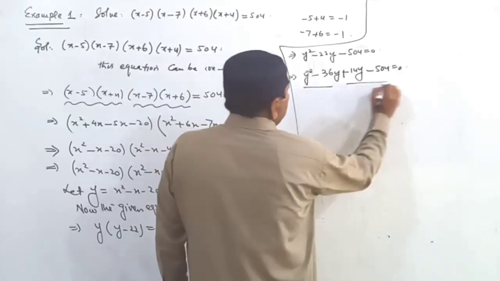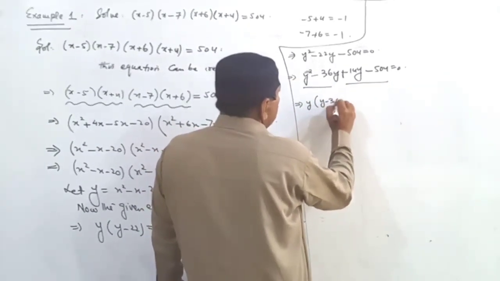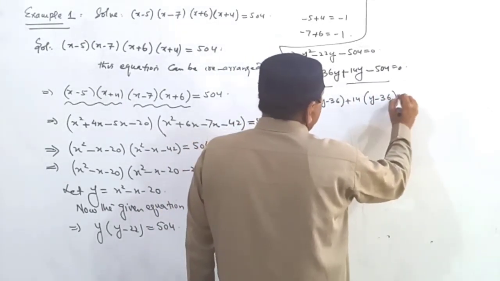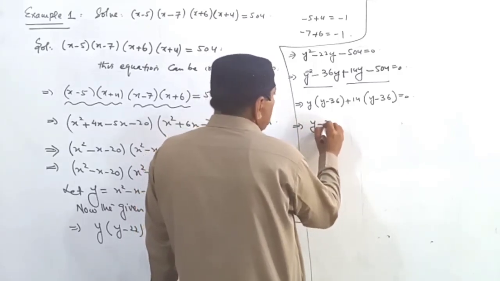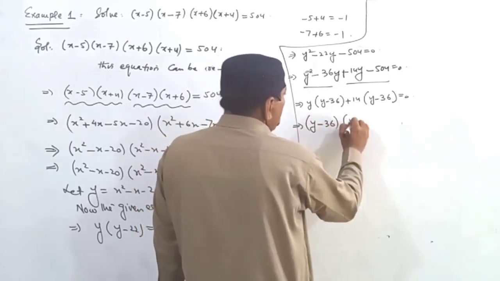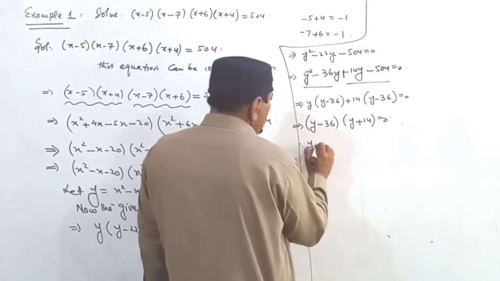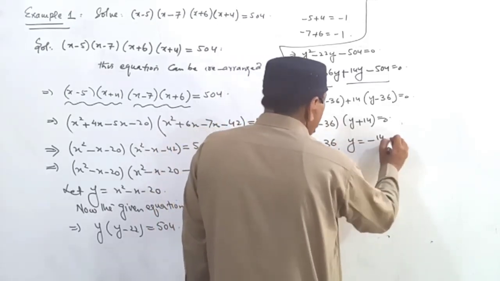So y is common, y minus 36, plus 14 is common, y minus 36 is equal to 0. y minus 36 is common, y plus 14 is equal to 0. Therefore, the value of y is equal to 36, and the value of y is equal to minus 14.